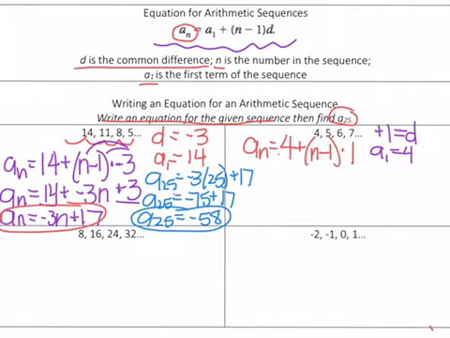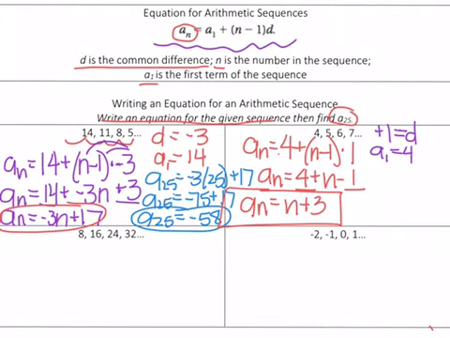So I am going to distribute, and when we simplify all of this, I start getting into my slope-intercept form equation. And then I combine my like terms of -1 and 4. And our final equation for this sequence is n plus 3, which makes sense. If we were to go to the y-axis, we would go to 3, and then our slope is 1.